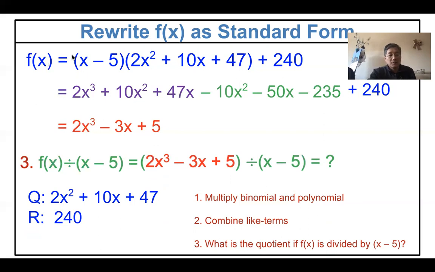If you have the function like this, you know how to multiply, simplify and rewrite as a standard form, right? If you have a standard form and divide by any binomial, this will be the quotient and this part was the remainder. Do you understand?